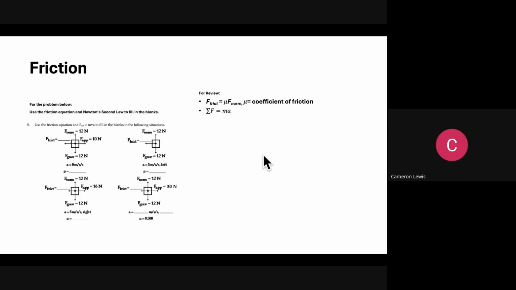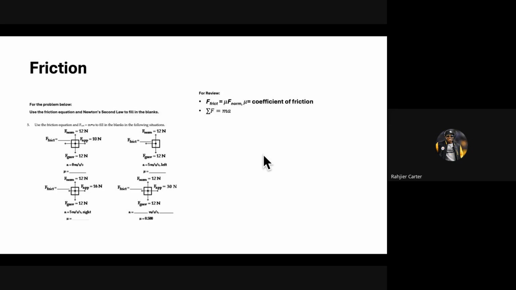No. So the sum of the forces is equal to 6, and the forces are unbalanced. The sum of the forces is equal to mass times acceleration. The acceleration is to the right, so that would be positive, and the other one would be negative.